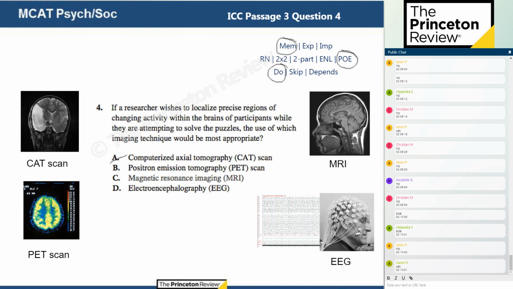Regular MRI will not tell you anything about activity. It tells you about structure, not about function. How about an EEG? Will that tell you anything about activity? Yes, but will it give you precise regions of the brain? Right. So our answer here is B.